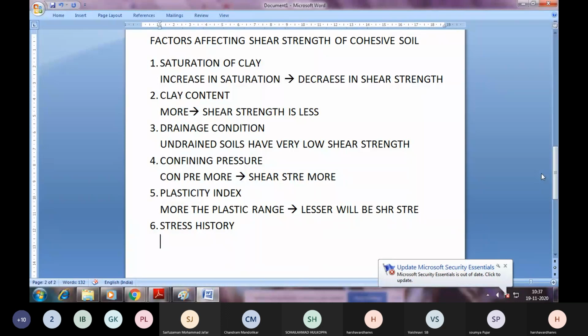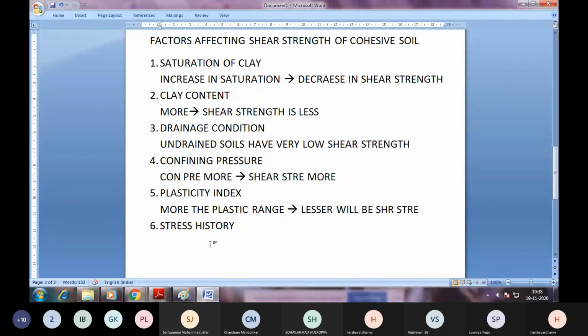The meaning of these terms you will understand in the next module. But just remember the stress history of the soil, whether the soil was heavily loaded in the past or not at all loaded in the past. This also affects the shear strength of the cohesive soil.